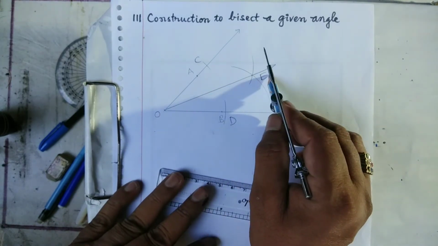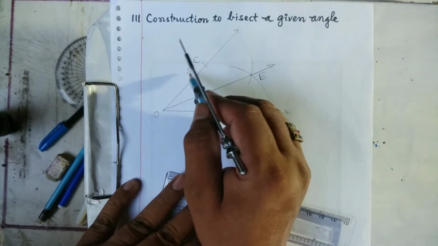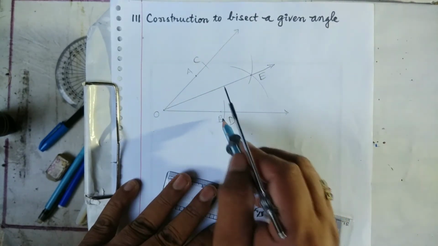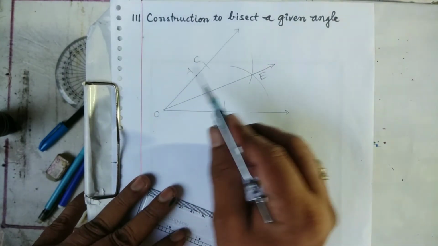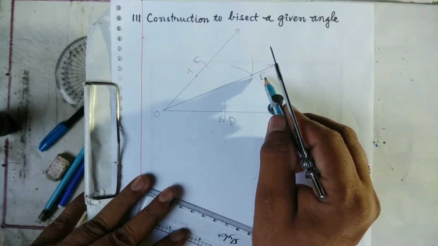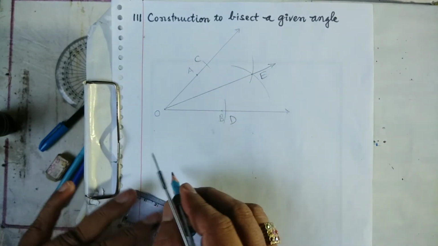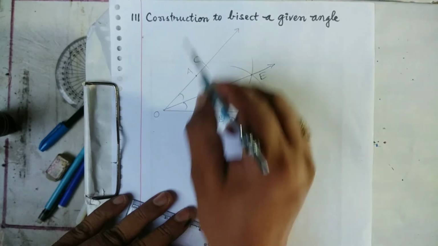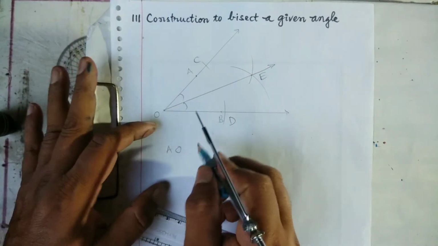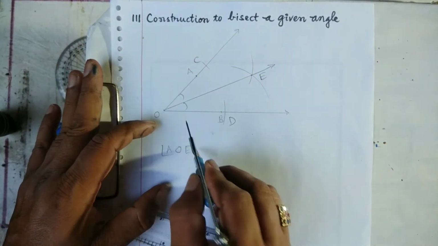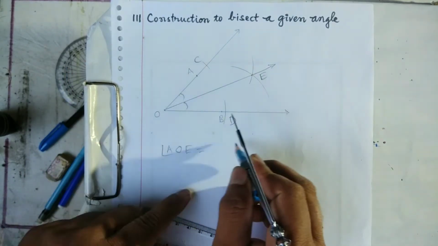This OE is the bisector of angle AOB. Angle bisector OE is the bisector of AOB. These two angles are equal. Angle AOE is equal to BOE.